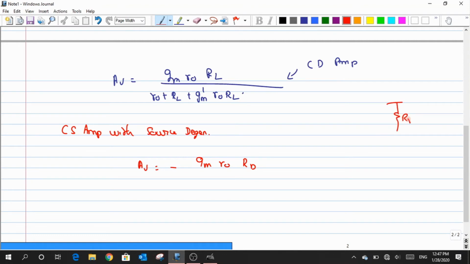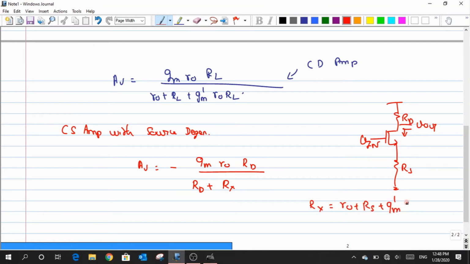We had a resistance Rd, and then a resistance Rs, with input here and output here. So when I write it, what I get is Rd plus this impedance, which was taken as Rx. The expression for Rx is nothing but R naught plus Rs plus Gm prime times Rs R naught. So this is a whole lot of expression.